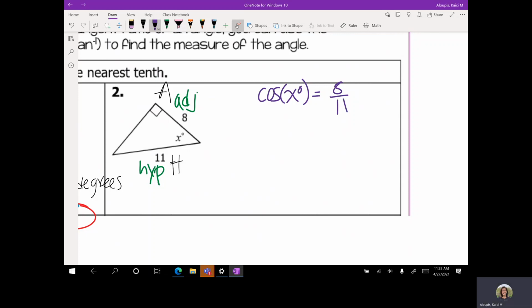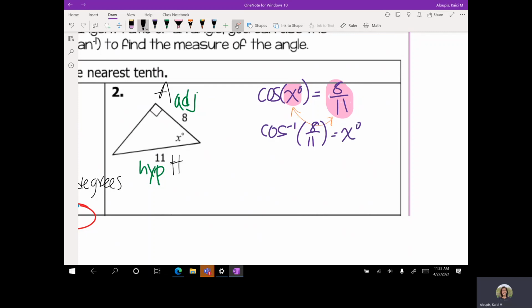And remember, we're going to use the inverse function. So we're going to take what's here and what's here, and we're going to flip positions. So the inverse cosine function of 8 over 11 is equal to my angle x in degrees.